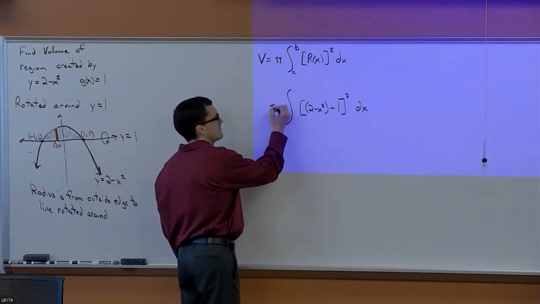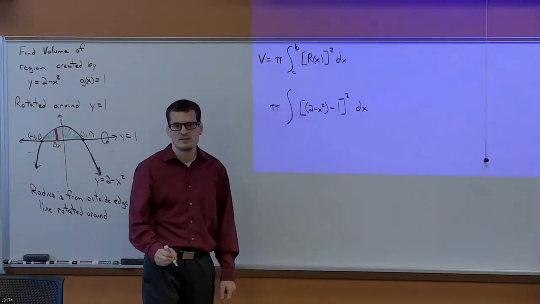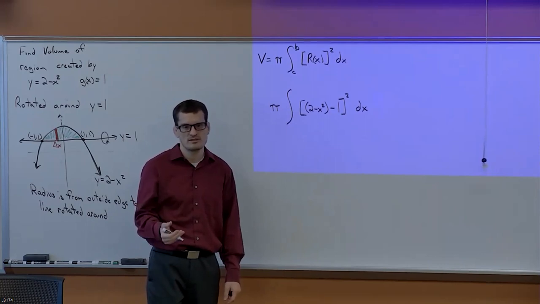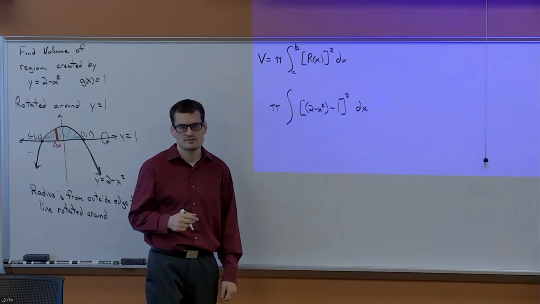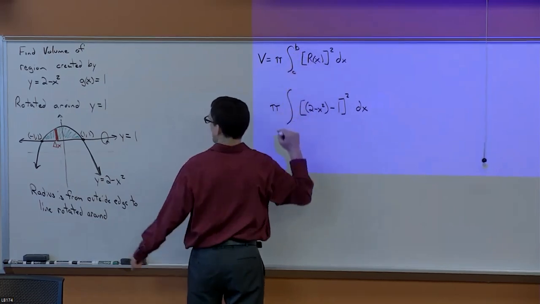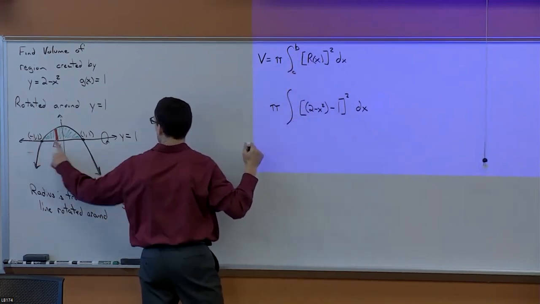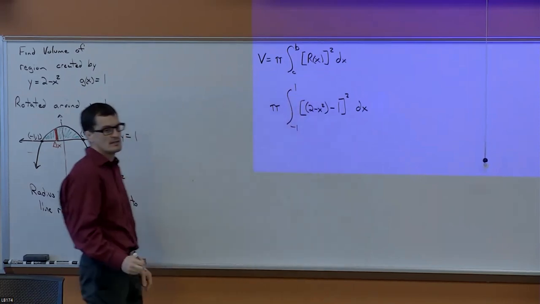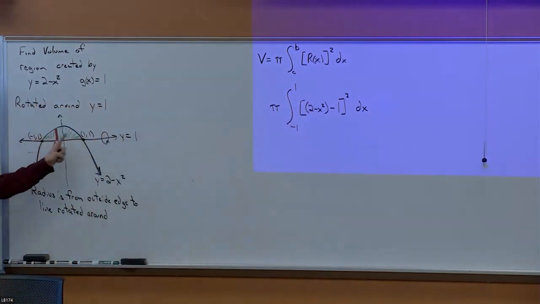Does that make sense? 2 minus x squared down to 1, because 1 is the line I'm rotating around. My bounds are x values, so they go from -1 to 1. The x value bounds of the region.